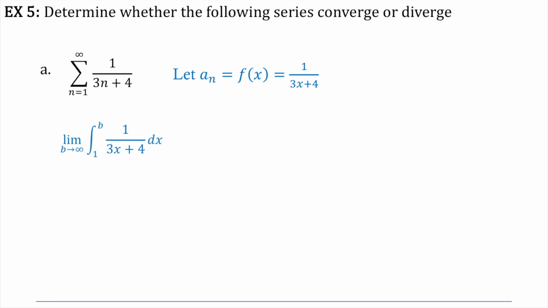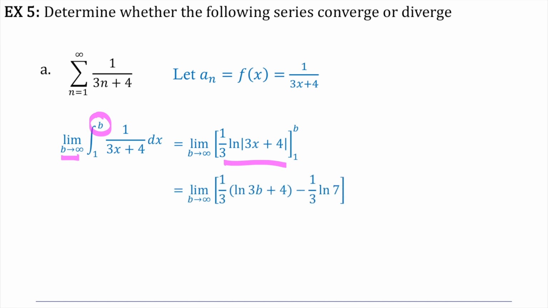Now we will go ahead and integrate the function. So we'll take the limit as b approaches infinity. We're integrating from 1 to b of 1 over 3x plus 4. So when we integrate that, we get 1/3 natural log of 3x plus 4, evaluated from 1 to b, and then we're still taking the limit as b approaches infinity.